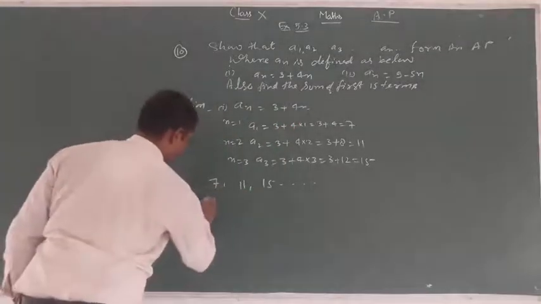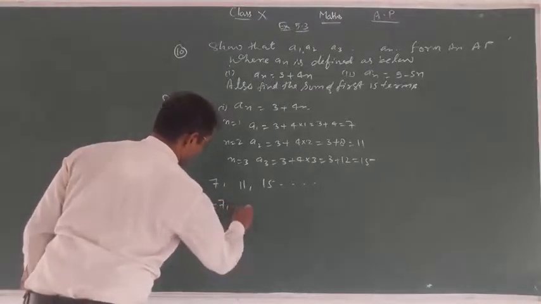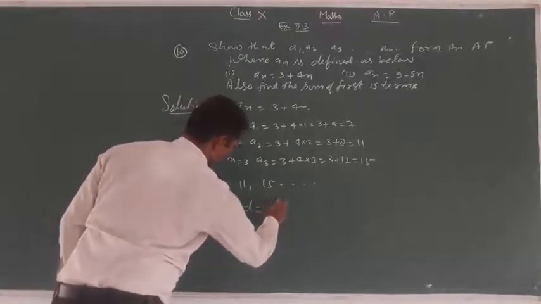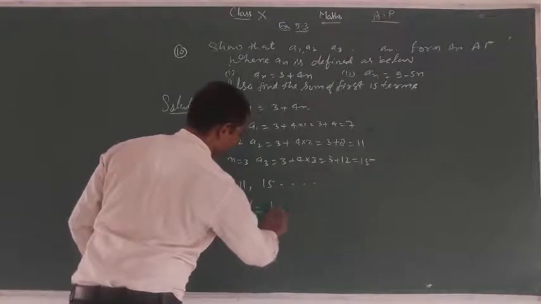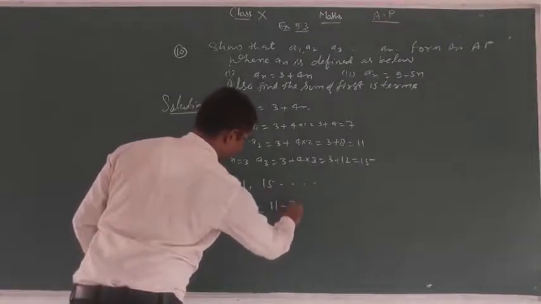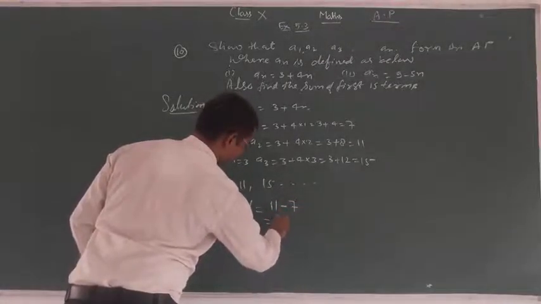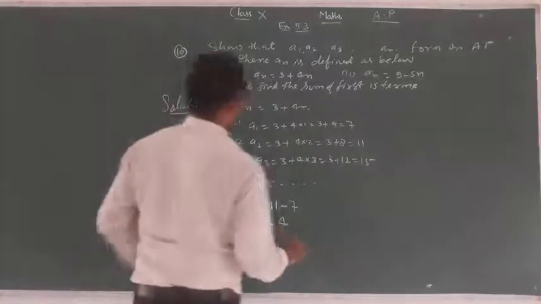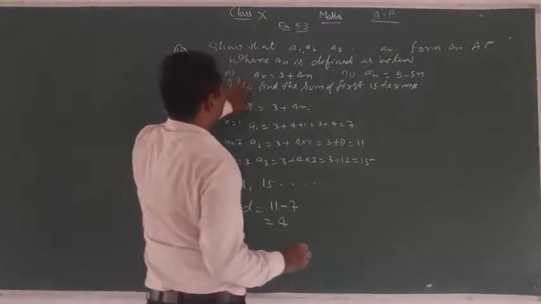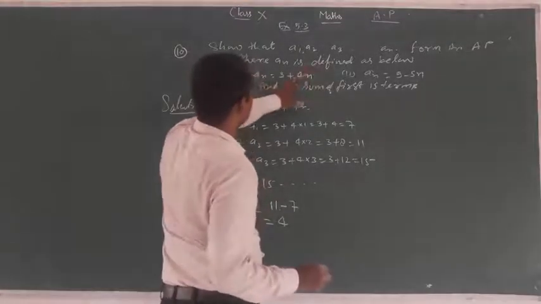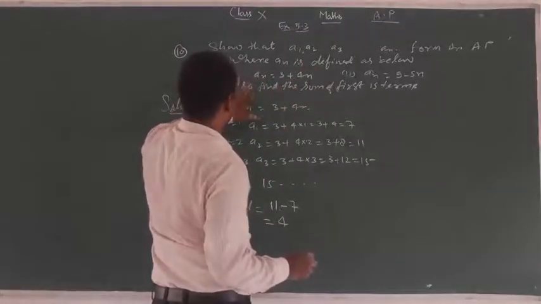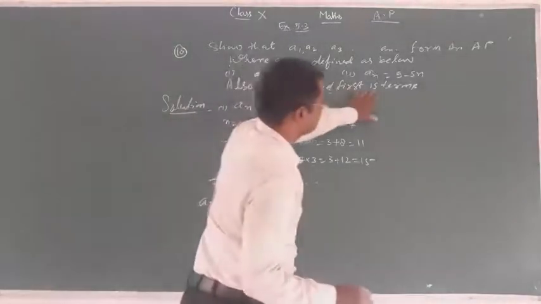So first term A is equal to 7 and D is equal to second term minus first term, which is 4.